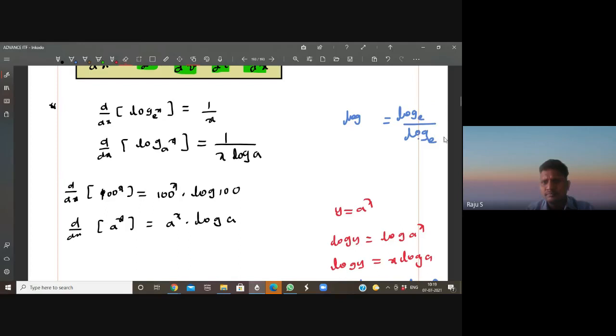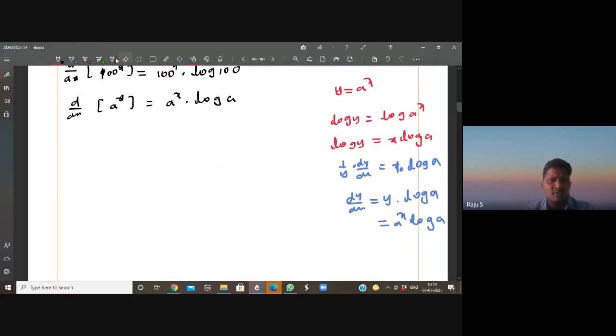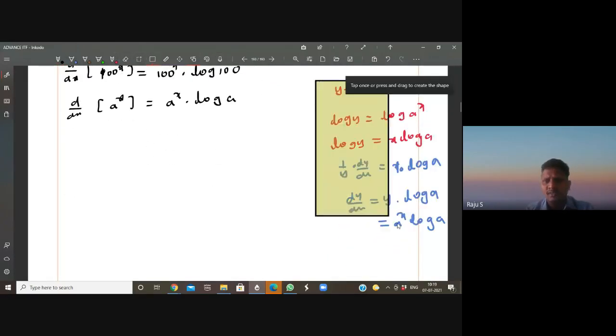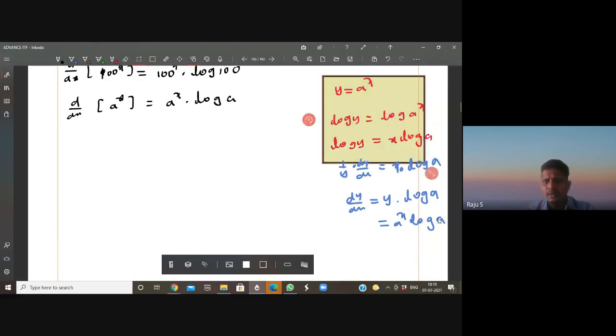The function I'm taking is log x base a. Now the log x derivative, as you said, is 1 by x. Log a is as it is, so log a will be in the denominator. Like that we'll get it. You should have some idea about this, how to get the a power x derivative. If you have the idea, it's no problem. Okay, students.